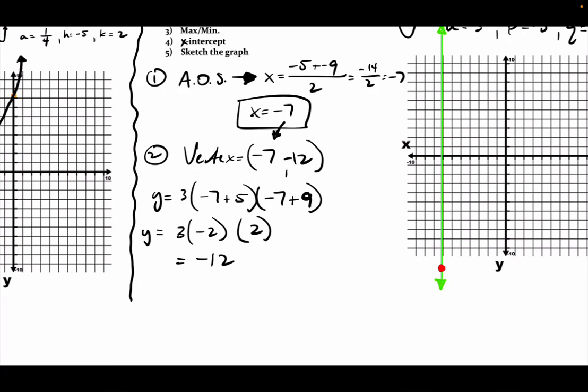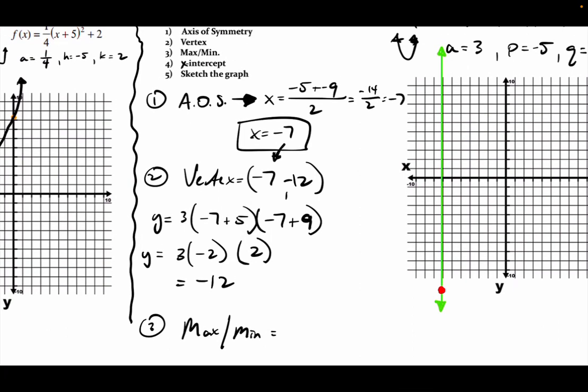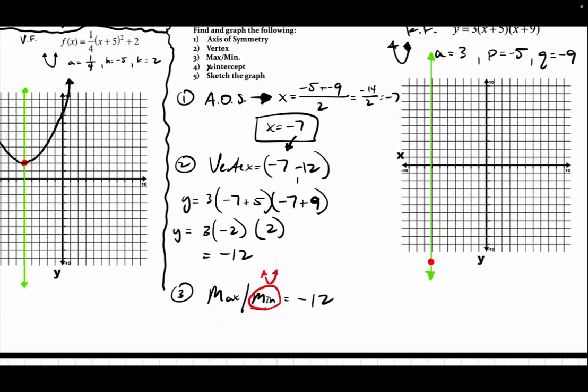Maximum, minimum. Well, since it's arrows up, it's going to be a minimum. And that's going to be at negative 12. The last thing is x-intercepts.